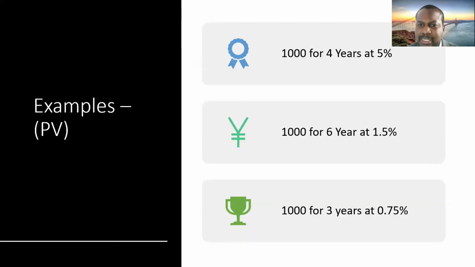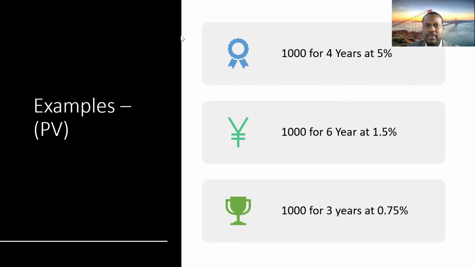Now we can practice another example. We can maybe practice the middle one. We can actually, let's use the formula sheet and practice the first one. So the first one is 1,000, 4 years at 5%.